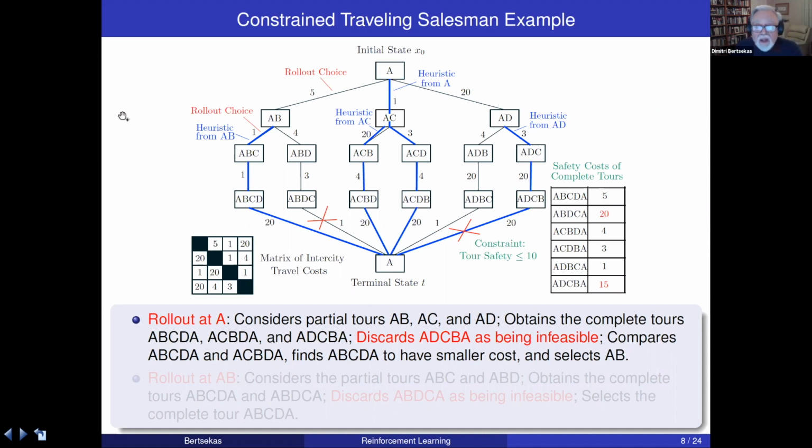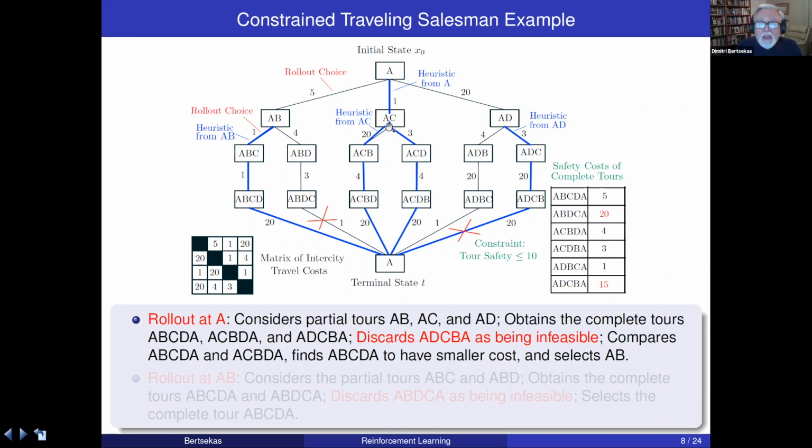So we have the cost function, we have the constraints, and we also have a base heuristic. The base heuristic can be anything, and I've drawn it here with blue. At state x0, the base heuristic generates a complete trajectory, and it's this one here.